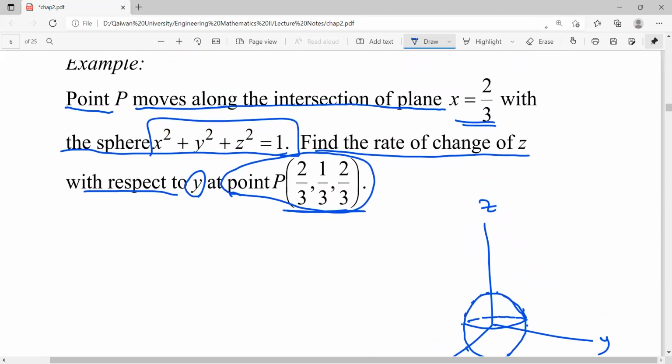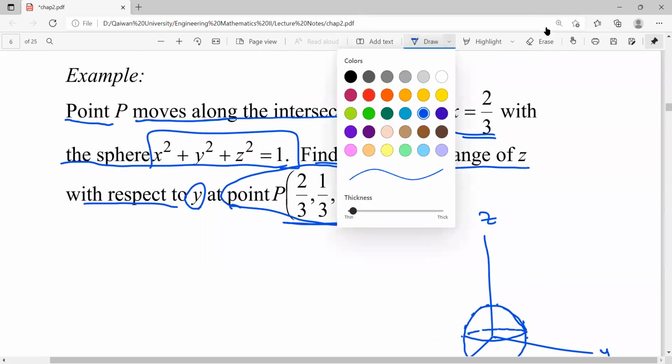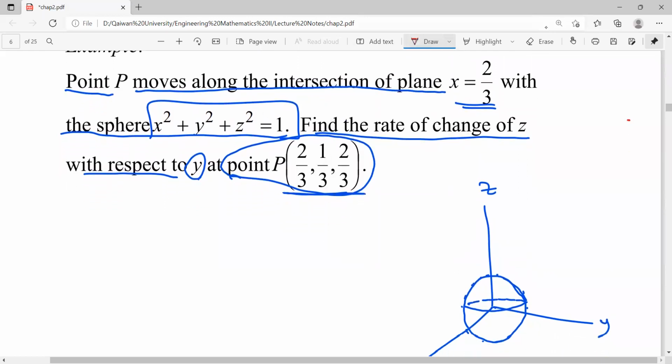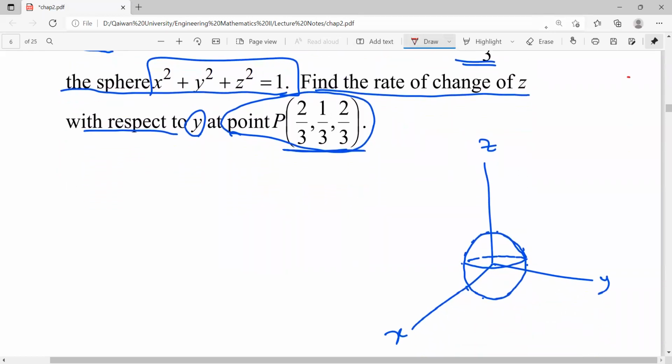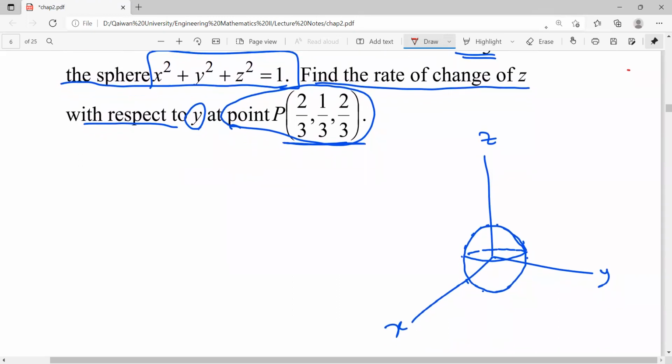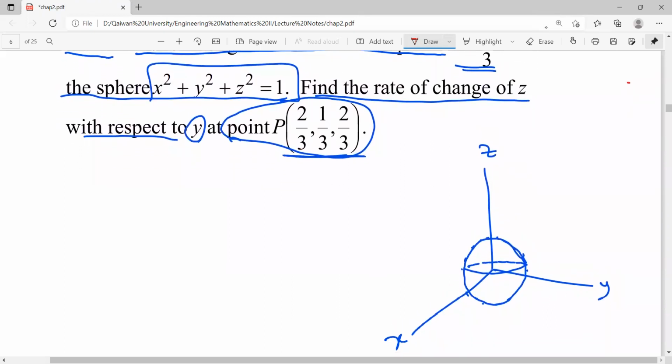And also we have a plane at x equal to 2/3. 2/3 means about 0.66. So let's say it's here. At this point, we have this plane.